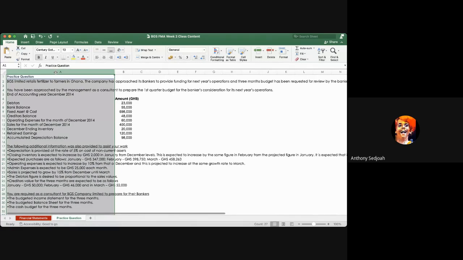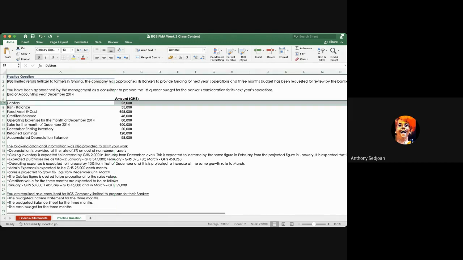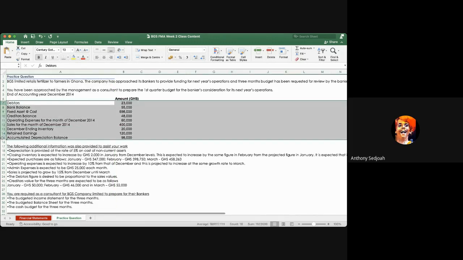So what they've requested is that we do an income statement, a balance sheet, and then a budget for them. But these financial statements don't cover what has already happened in the past, but rather what is expected to happen in the next 3 months. Okay. So the question has given us the figures of the things that happened as at December 2014.